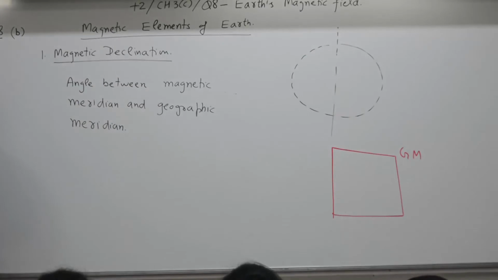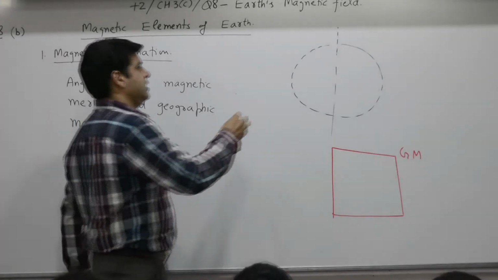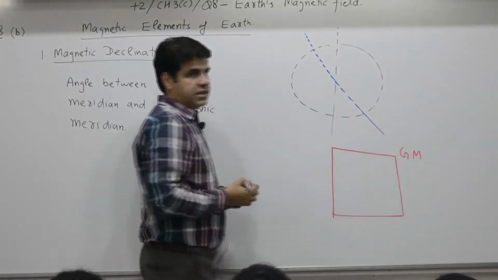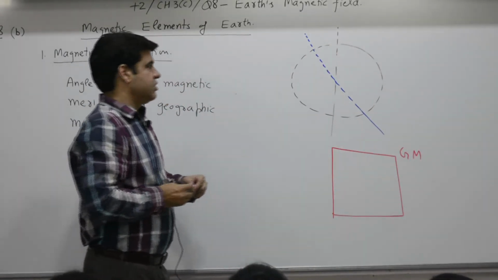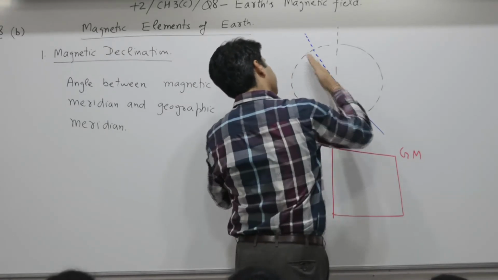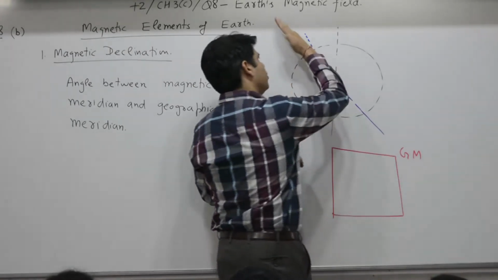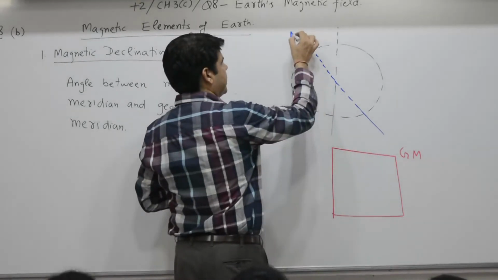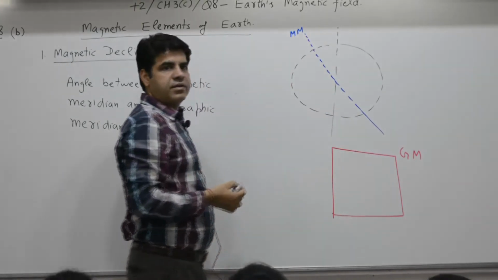And what is the magnetic meridian? Anyone? Yes, there is an equivalent axis like this. So if you take another plane and this knife also cuts the earth in two parts, then this plane can be termed as magnetic meridian.